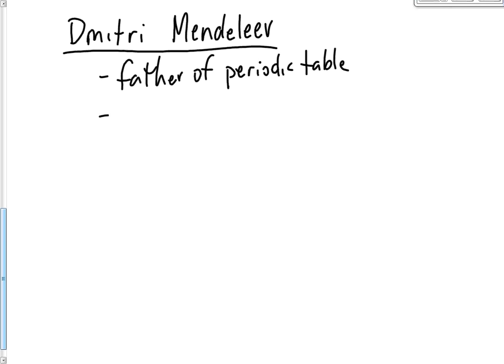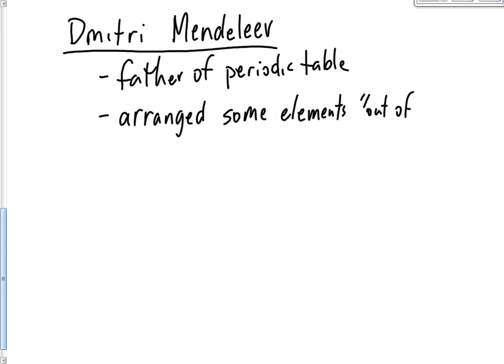So at this point, the periodic table is arranged based on atomic mass. Okay, so what he did was he rearranged it, putting some elements out of order according to their atomic mass. Okay, and he did this so they would fit in the correct column with other elements of similar properties.